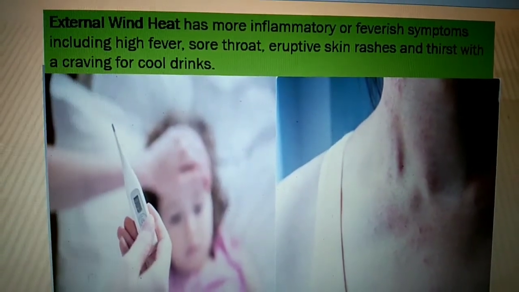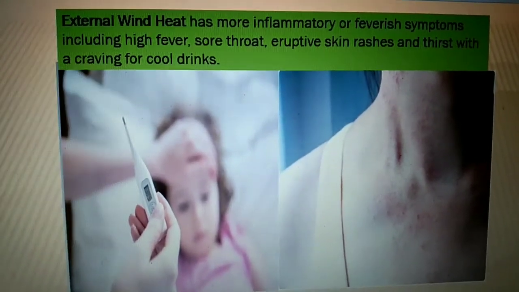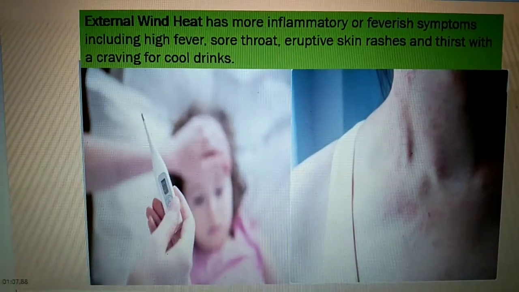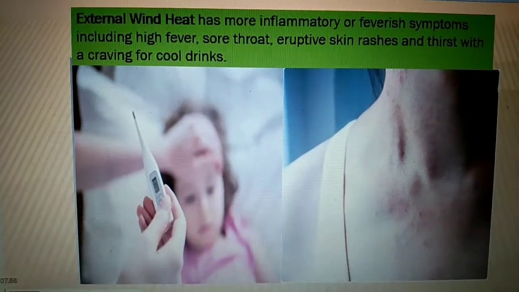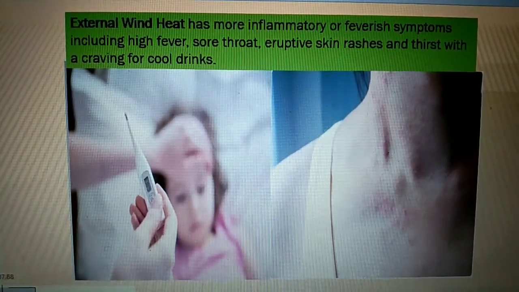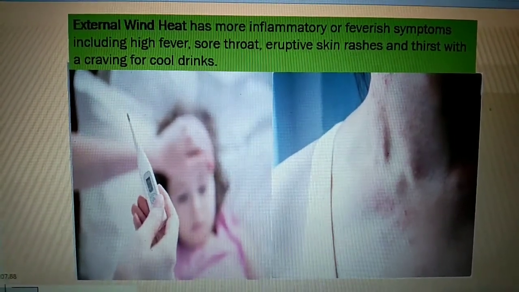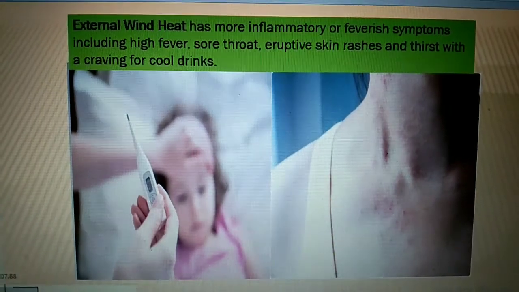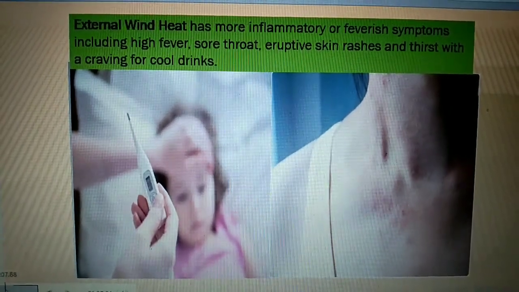External wind heat has more inflammatory or feverish symptoms, including high fever, sore throat, eruptive skin rashes, and thirst with a craving for cool drinks.